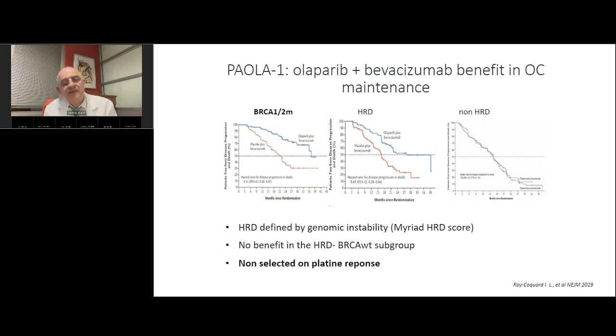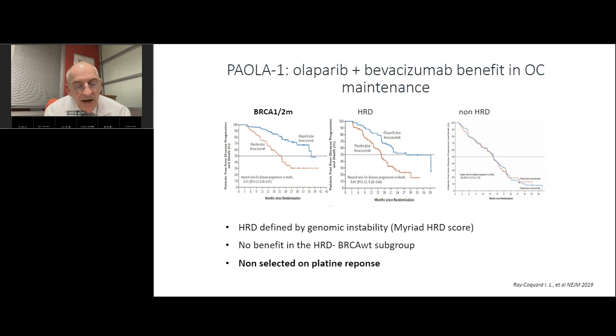The first one is a PAOLA study comparing olaparib plus bevacizumab to see the benefit in ovarian cancer first-line maintenance compared to placebo. And as you can see, the result is also very significant.